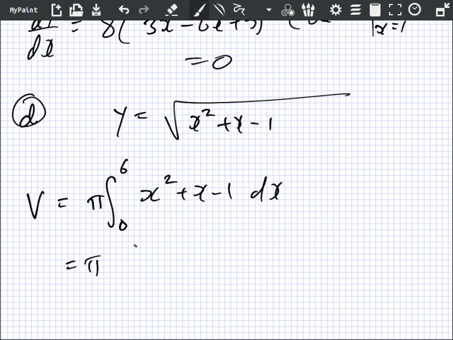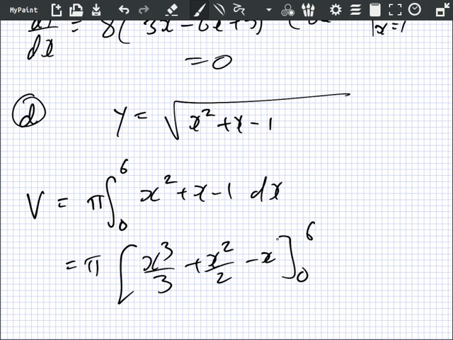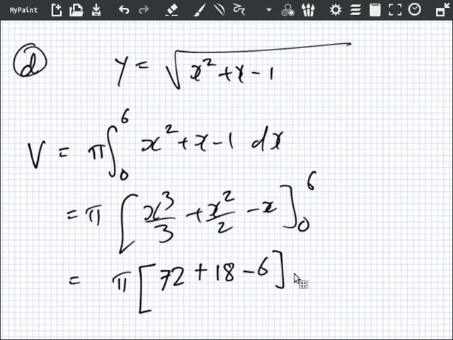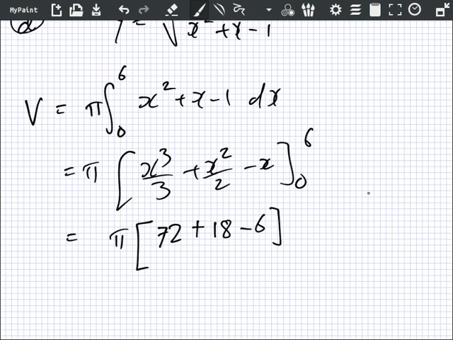So that's pi, x cubed over 3 plus x squared over 2 minus x, 0 to 6. No point in putting in the 0. Pi, 6 cubed, 6 by 6 is 36, 72. 36, 18 minus 6. So that's 72, 80, 90, 84 pi.